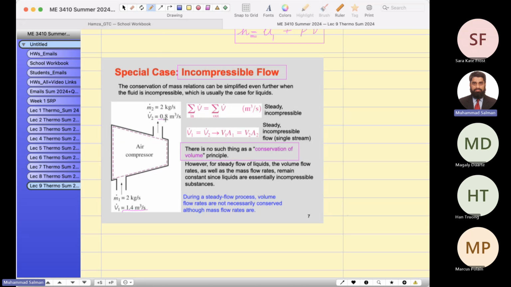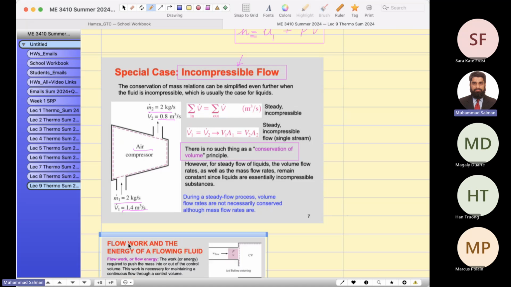It should have been 1.4 here, but since air is compressible, the volume reduces when the pressure increases. Because of that, we don't have any conservation of volume principle, but we do have conservation of mass principle. But in case of incompressible fluids, for example water, liquids are incompressible, so we can apply that volume flow rate concept over there as well.